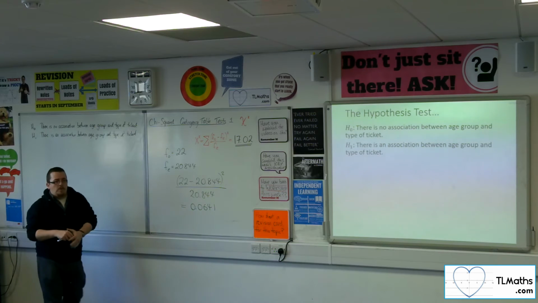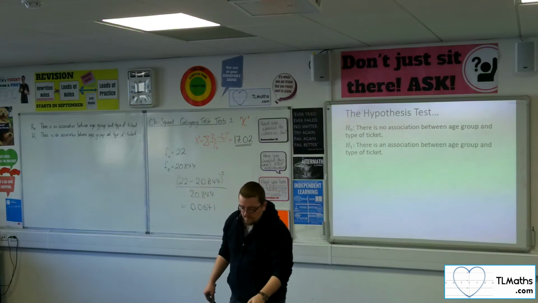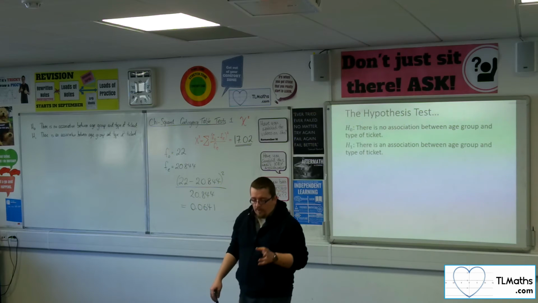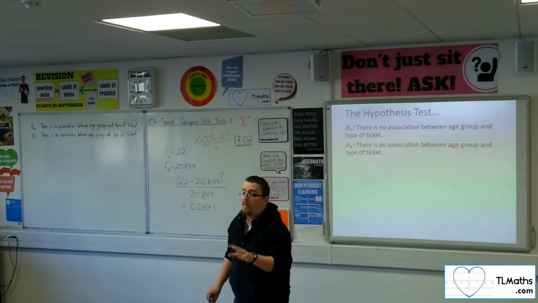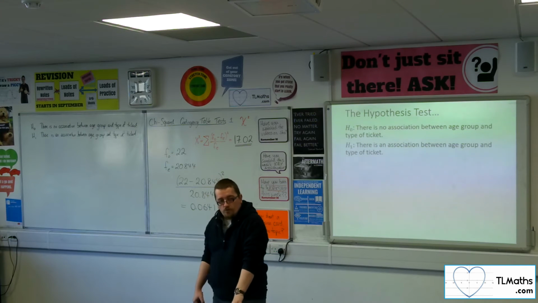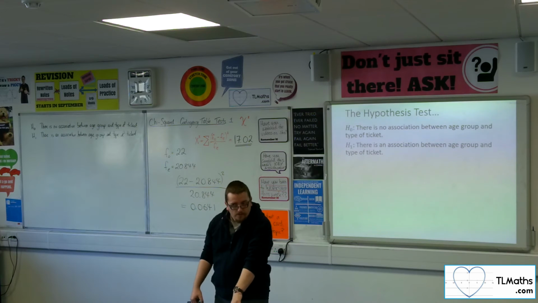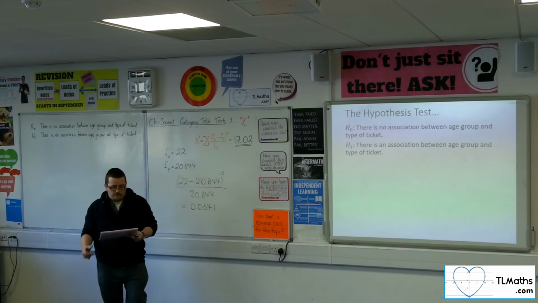Now, before we can go any further, in order to compare it with what is in the tables, okay, the tables for this are on page 23 of the formula booklet. So if you could have a look at those now. So the tables are on the left-hand side, okay.